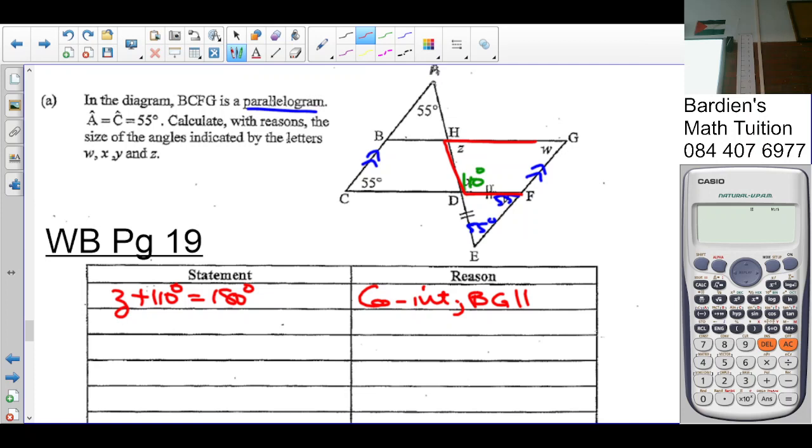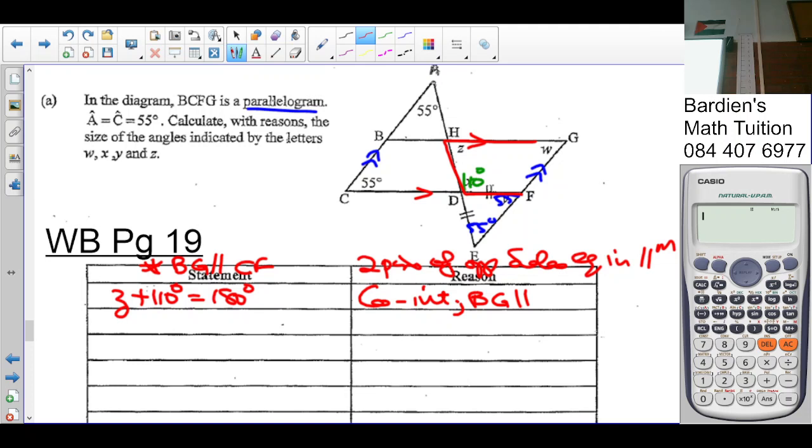If this was in an exam and I didn't first state that BG is parallel to CF, because two pairs of opposite sides are parallel in a parallelogram, I would lose that one mark and these two marks, because I'm assuming something that's not on the diagram. It's then called a breakdown.